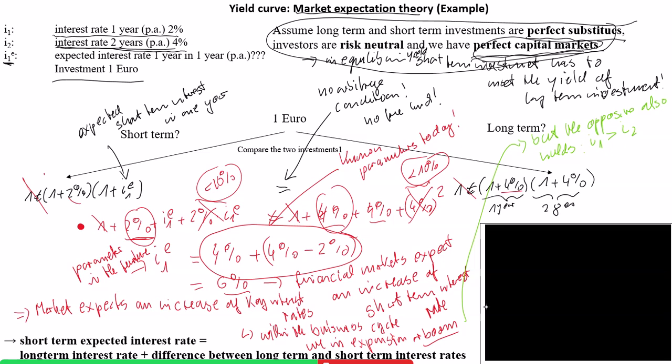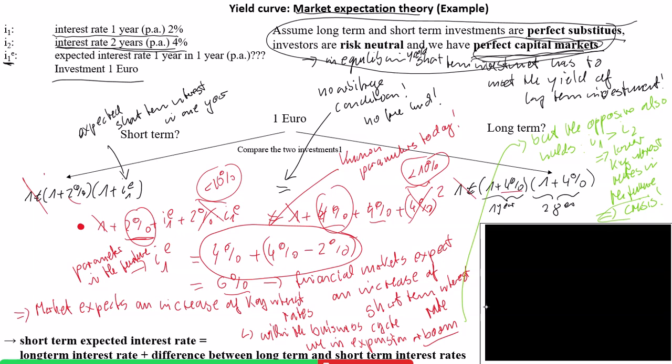This would mean lower key interest rates in the future, and the market is expecting a crisis. And so we can say that this yield curve is an indicator for a crisis tomorrow.